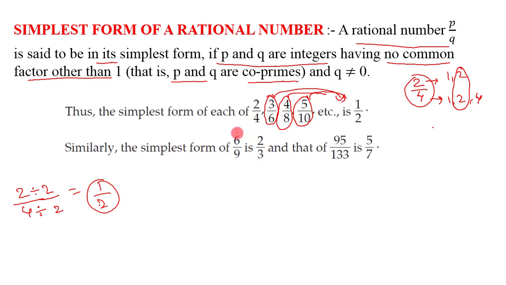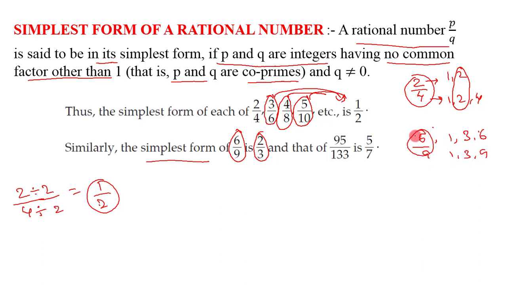And here, the simplest form of 6 by 9 is 2 by 3. Why? Because 6 and 9 have a common factor other than 1, that is 3.